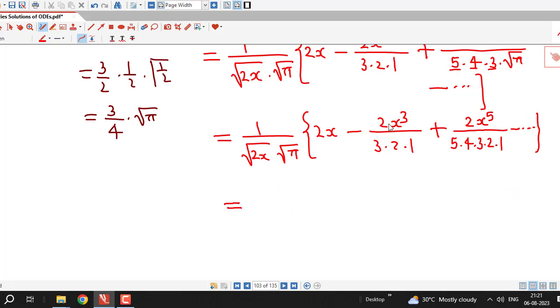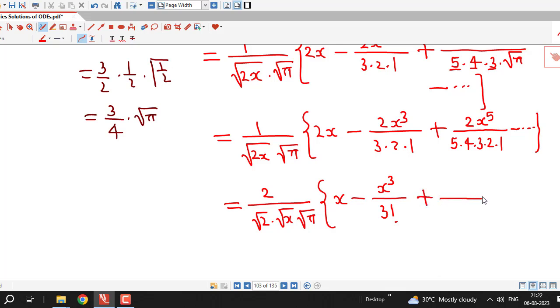And now we have 2 in the product in every term, so I am taking 2 outside, and here I again rewrite this as square root of 2 into square root of x into square root of pi. I have taken 2 common, so here I am left with x. In the numerator I am left with x cube, and this 3 to 1 is nothing but 3 factorial, plus in the numerator I have taken 2 common.